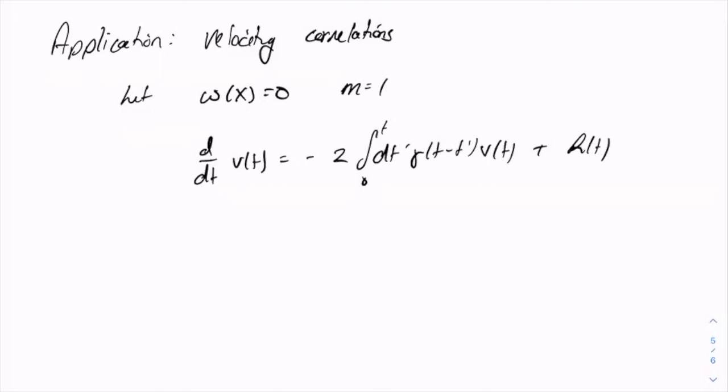Let's take this equation of motion and multiply the left and right sides by the initial velocity. The initial velocity is independent of time, so it can go under that time derivative. It can go inside the time integral.